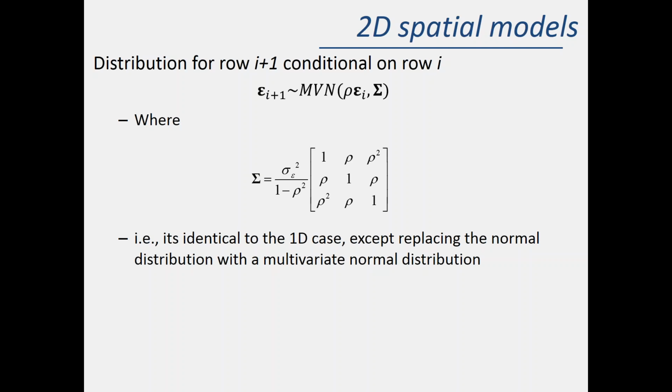We haven't really used the term isotropy or anisotropy yet in the class. But isotropy is the idea that you go any direction and you have the same decorrelation.